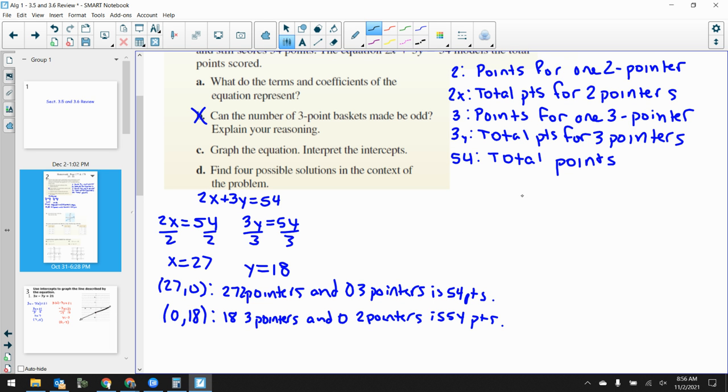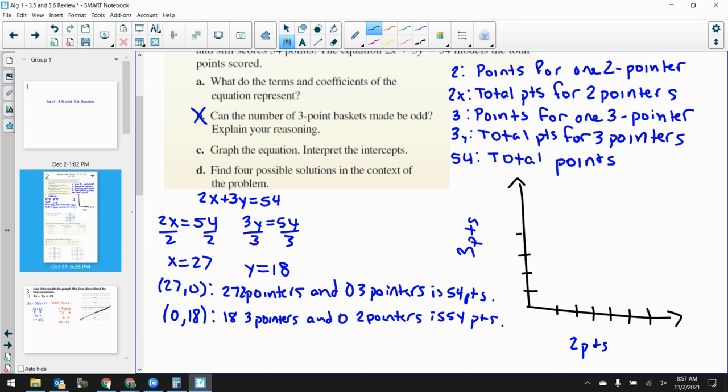All right. Let's graph. This is the 2-pointers. This is the 3-pointers. And it looks like I've got to go up to 27 on my x's and 18 on my y's. So let's go by fives. 5, 10, 15, 20, 25, 30.